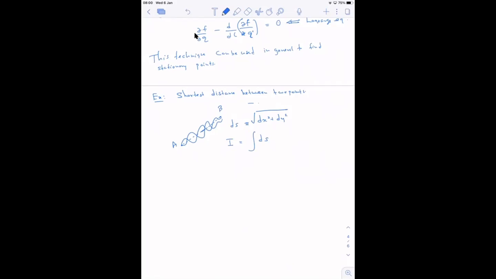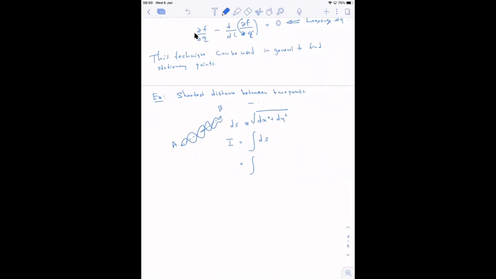Now, this is a simple problem, but still a good example to show how this theory that we have just derived is applied to a problem.